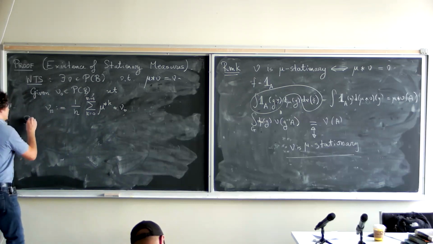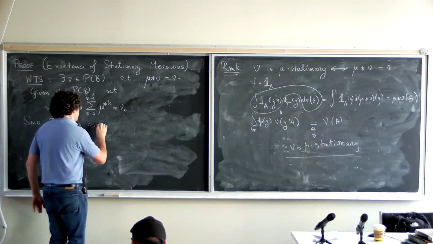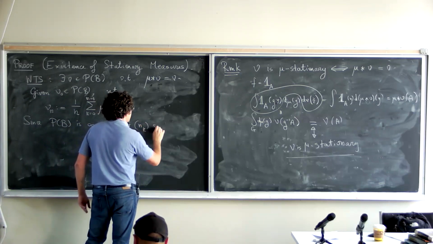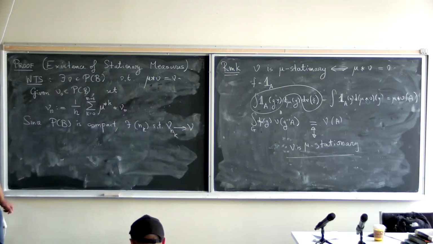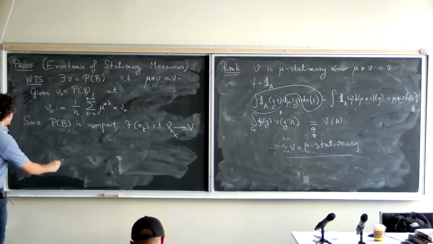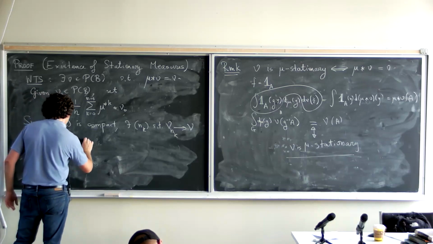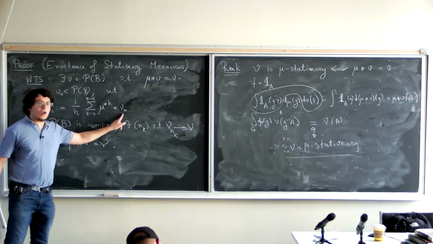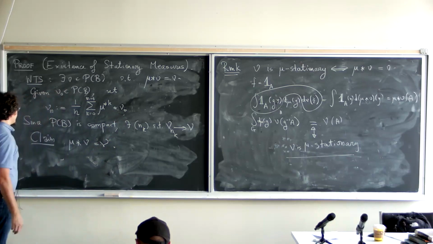Now, since the space of probability measures is compact, there exists a sequence such that nu of n_k converges to something. And now the claim is that mu star nu equals nu. That this limit point of the Cesaro average is always a fixed point.